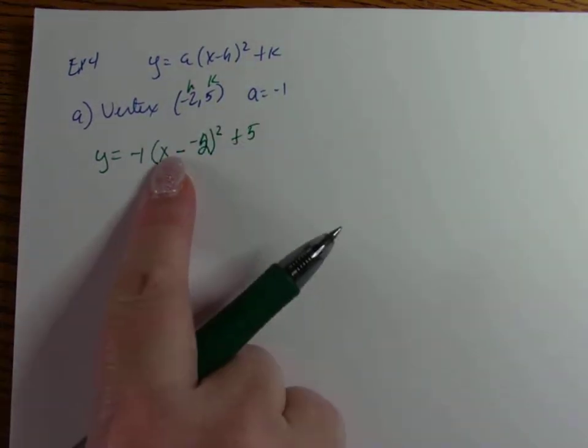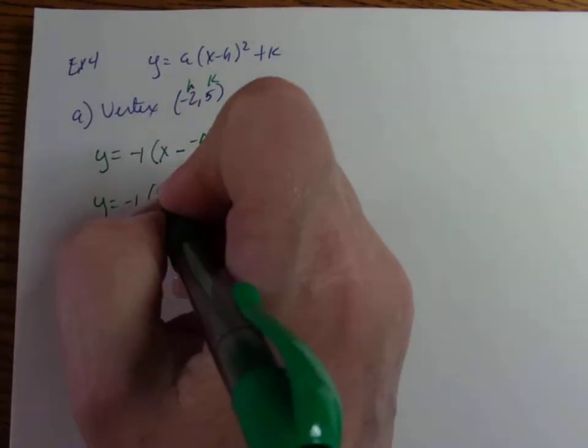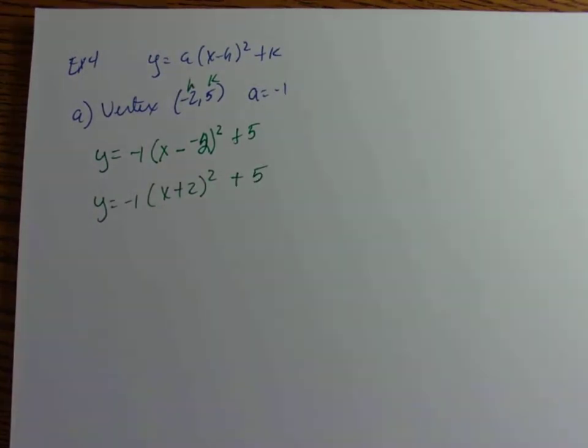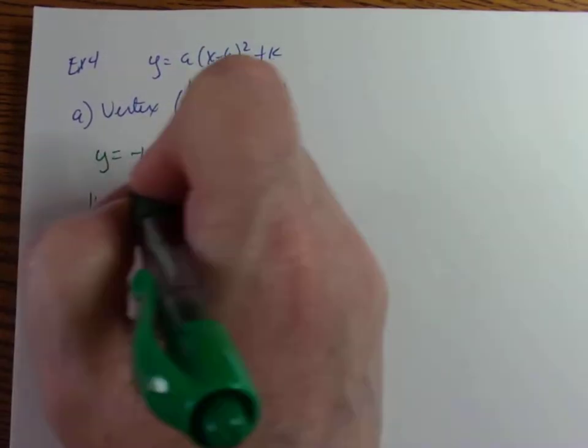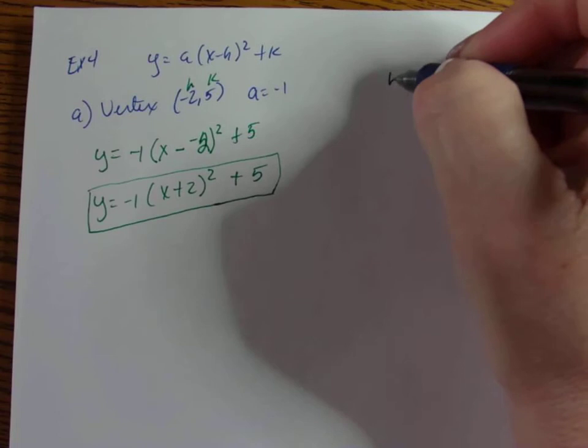So we have x minus -2, so we'll clean that up. So y equals -1 times x plus 2 squared plus 5. And you don't have to put a 1, you could just put a negative sign. And that would be it.